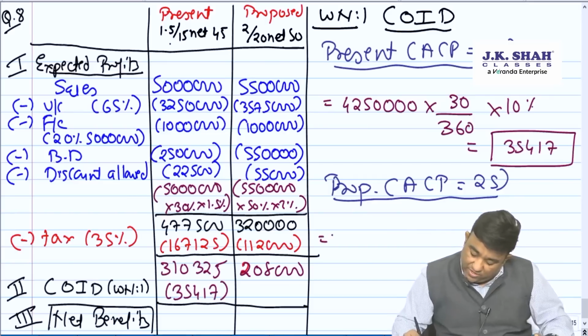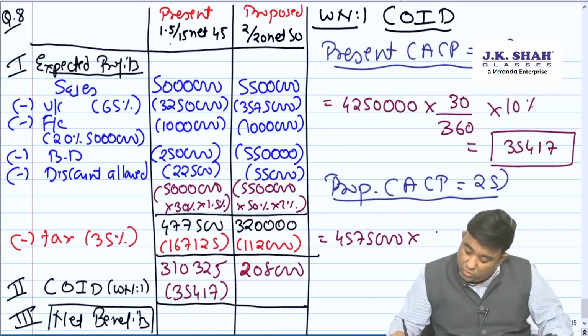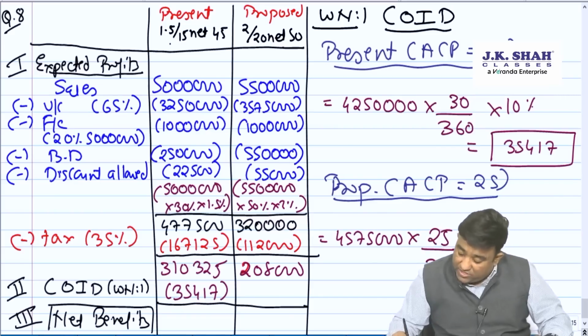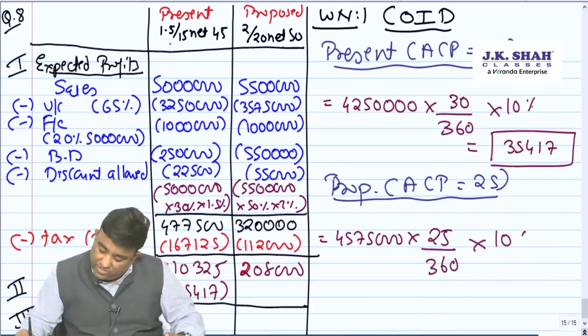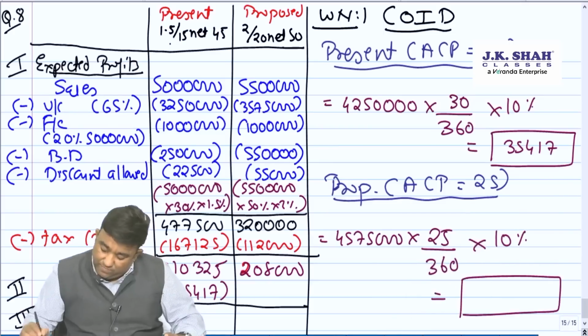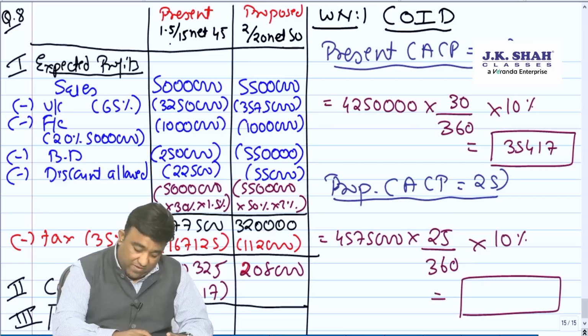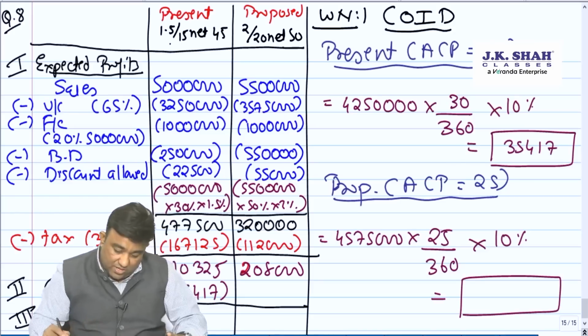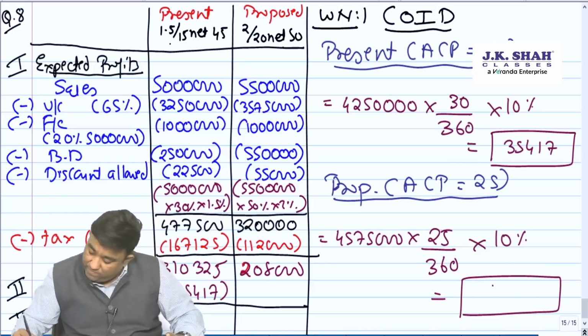And for the second one, it is 4575 into 25 upon 360 into 10%. So the post-tax is given. There is 4575 into 25 divided by 360 into 10% is 31771.